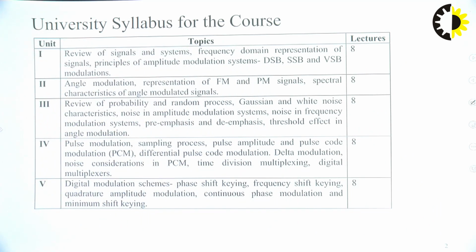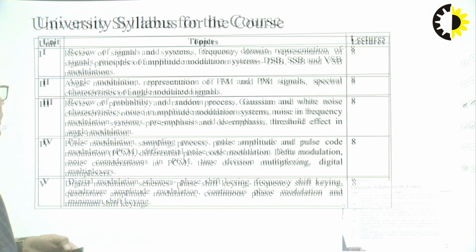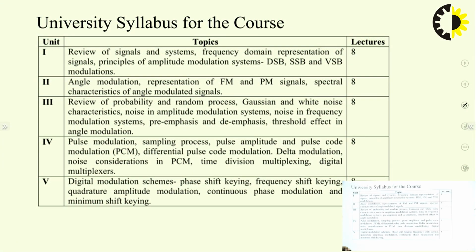The fourth unit is related to pulse modulation techniques, PCM, which come under pulse analog modulation, and the last unit is related to purely digital modulation techniques such as PSK, ASK, FSK, etc. So, basically in this subject we will learn how we can communicate signals through a channel by using modulation and demodulation techniques.